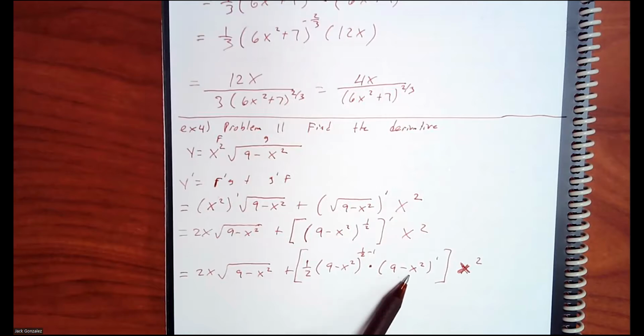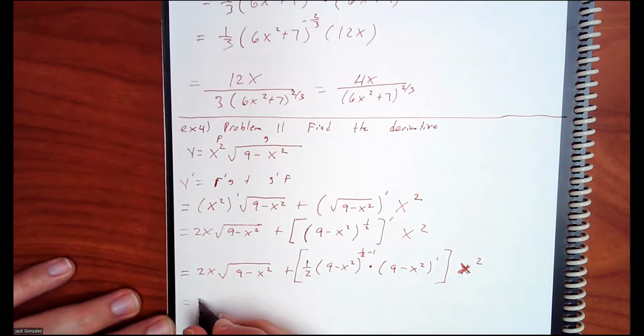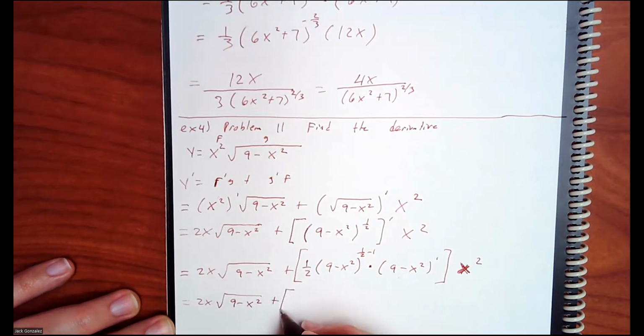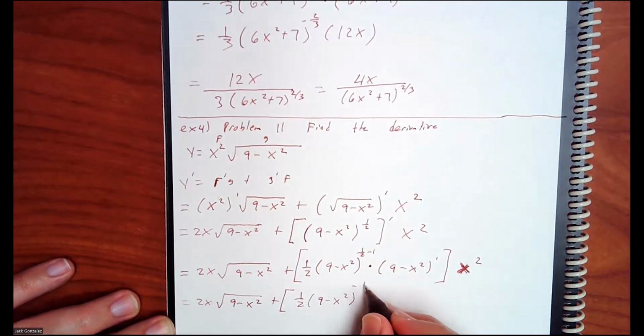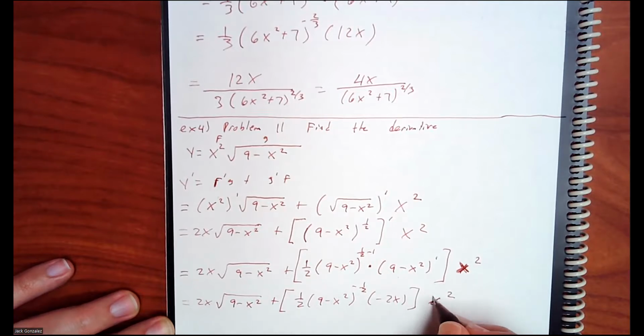And then this guy, yeah, it's negative 2x, that's right. So we will have 1/2 times 9 minus x squared to the negative half times negative 2x. And then the x squared is out here chilling, just waiting for you.